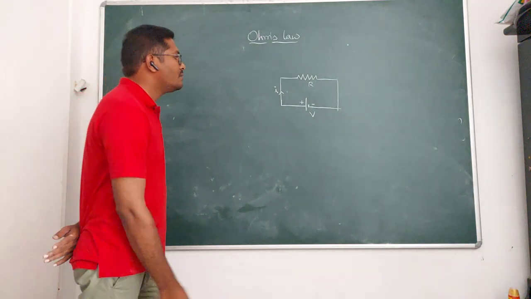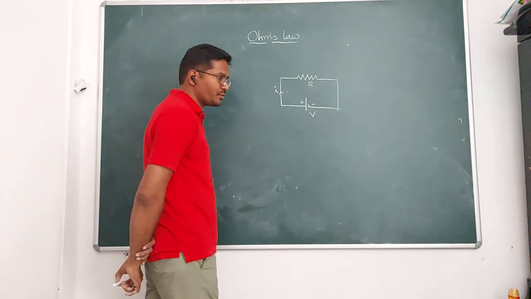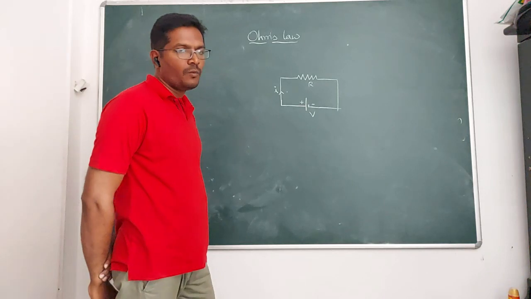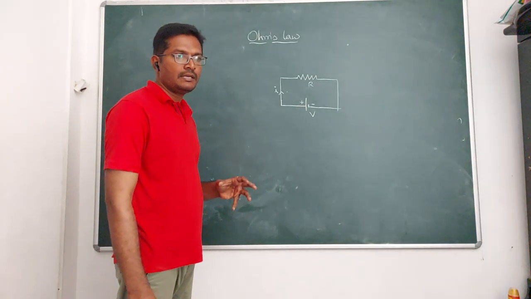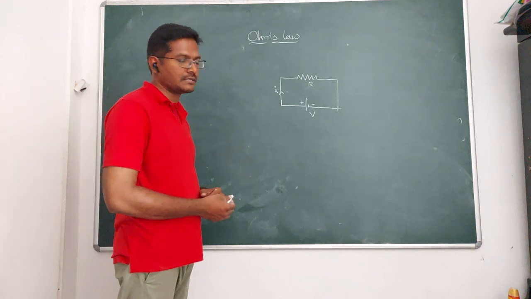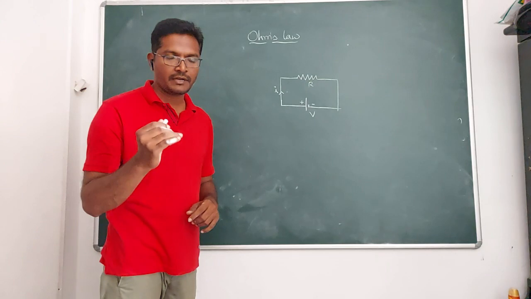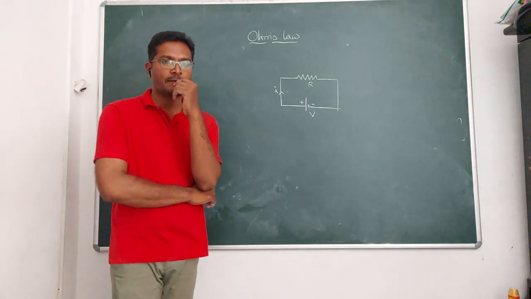If I am increasing this voltage, suppose you connect 2 batteries, in the case of 1 battery, what happens to this current? Current is nothing but the flow of charges. For voltage V, the flow of charges in a given time is, suppose, 2 amps.